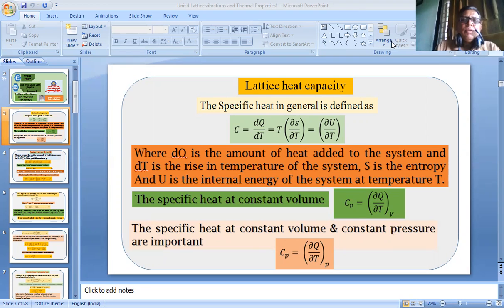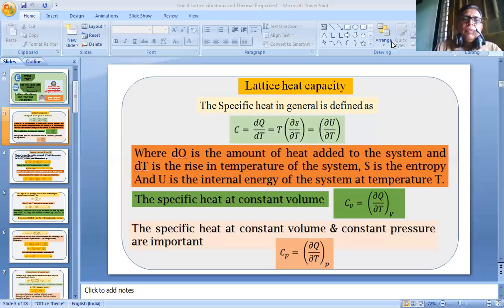Where dQ is the amount of heat added to the system and dT is the rise in temperature of the system. S is the entropy and U is the internal energy of the system at temperature T.